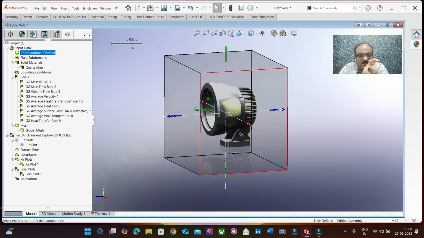Now we need to decide what systems are going to participate in this influence. Here I want to study the airflow happening on the entire projector lamp.